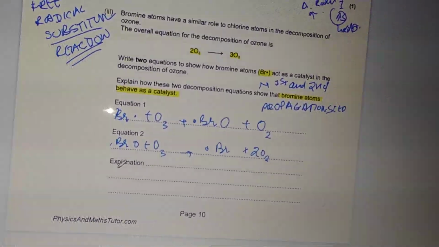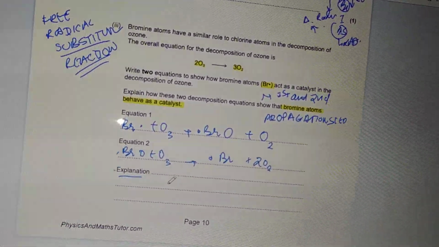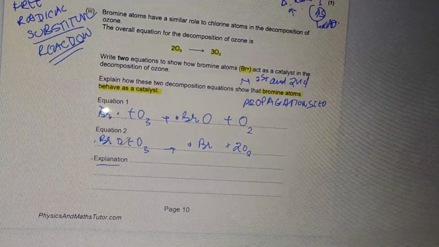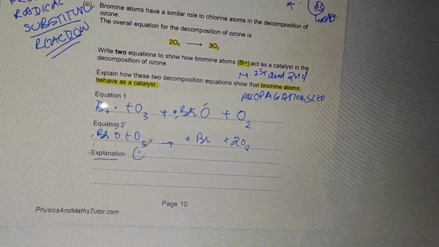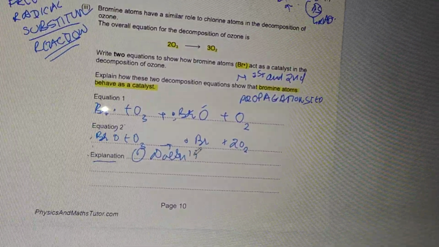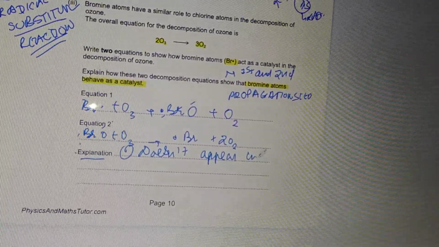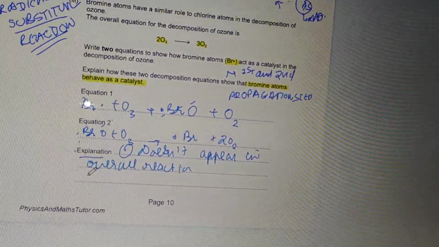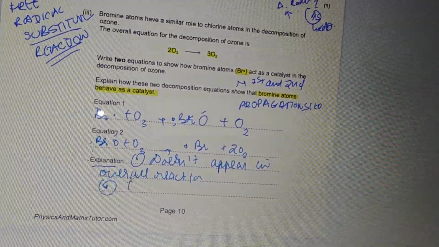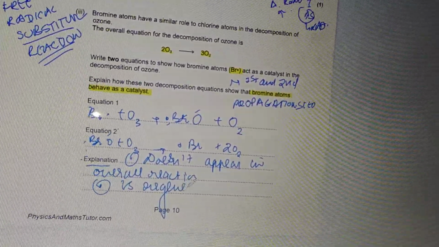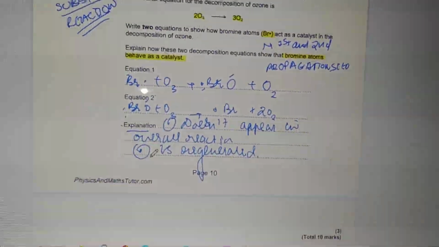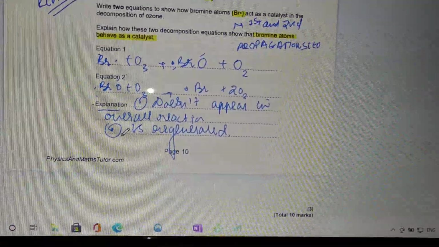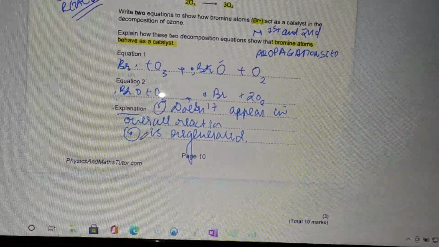Now basically, why does it behave as a catalyst? We know that it doesn't appear in the overall equation. So you can say that bromine, BrO, cancels, doesn't it? So first of all, you'll get a mark by saying it doesn't appear in the overall reaction. Also, you'll get a mark for saying it's regenerated. It's more of a common sense thing, getting your head down and looking at the equation: if I've got BrO on both sides, that means it's going to cancel out.